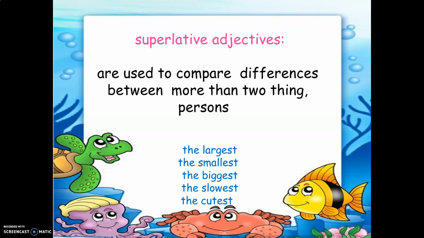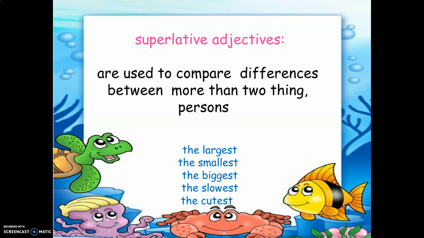Examples for comparative adjectives: Amal is taller than Layla. Ahmed is shorter than Ali. Examples for superlative adjectives: Sarah is the tallest of these girls. Amal is the shortest of those girls.